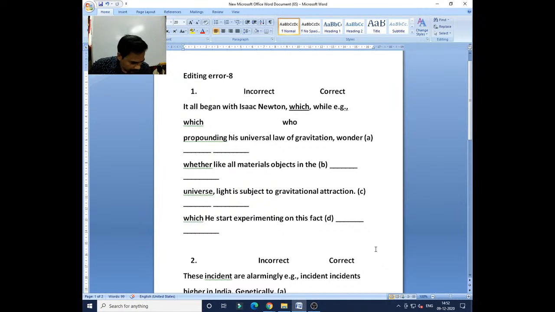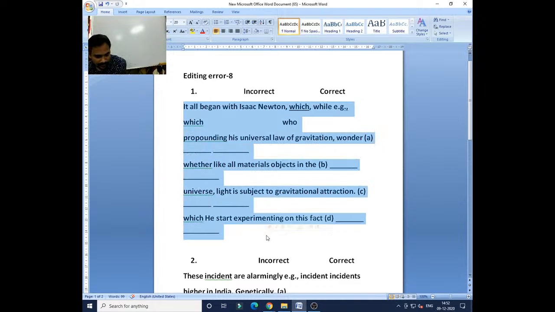Okay. Now you see it. Now I'll just make it a little bit zoom so that you will be able to understand.